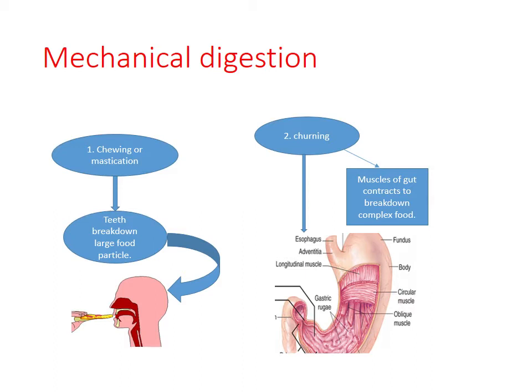So this process is called churning, which is the process in which the muscles of the gut contract in order to break the complex food substances.